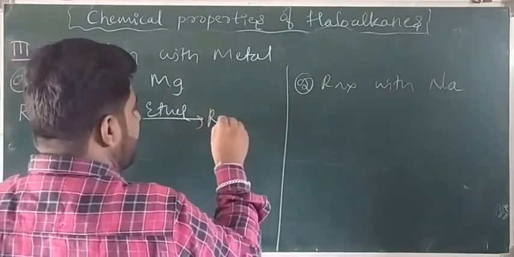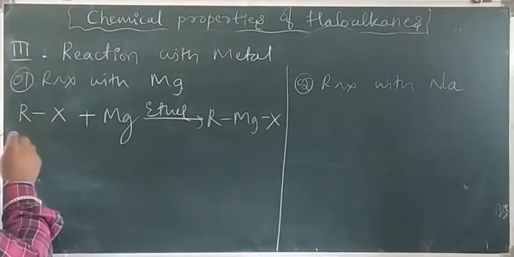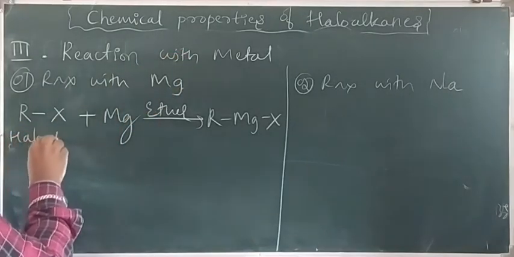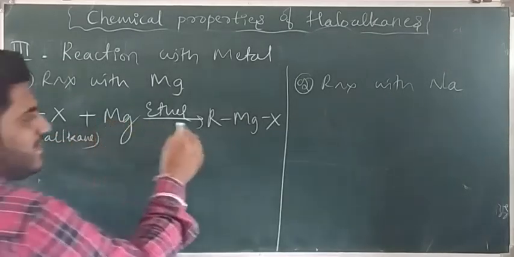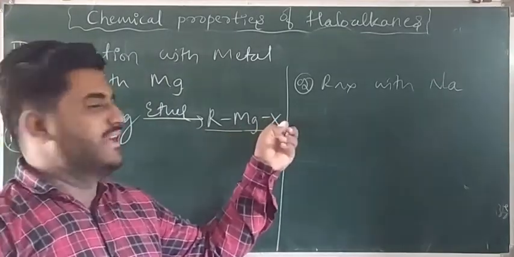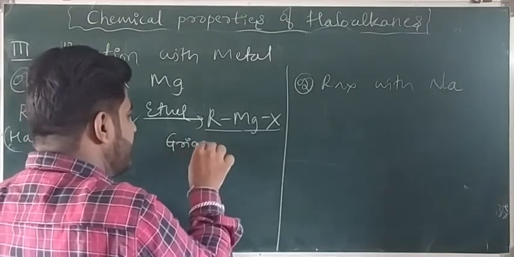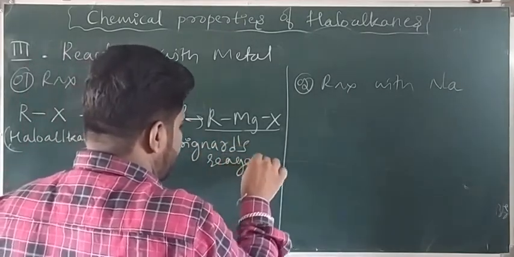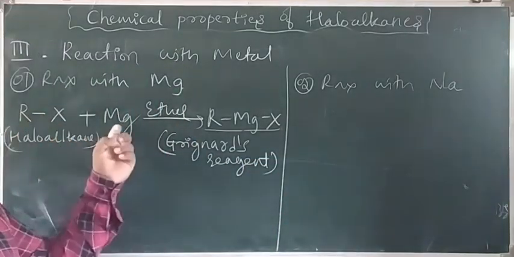What we get is R-Mg-X. That means the alkyl halide, or haloalkane, reacts with magnesium metal and we get RMgX, alkyl magnesium halide, commonly called Grignard reagent. What is the name of this one? Grignard reagent is formed when we treat an alkyl halide or haloalkane with magnesium.